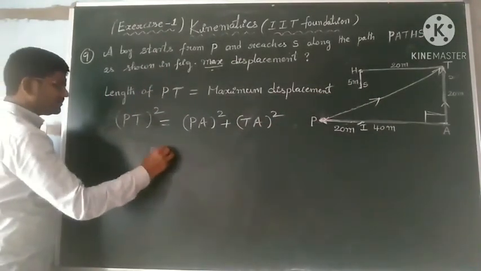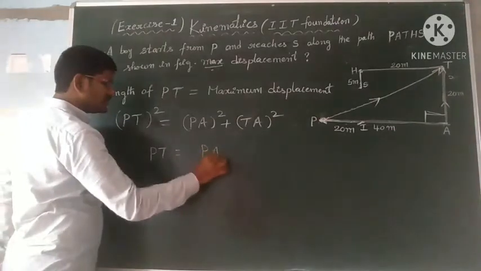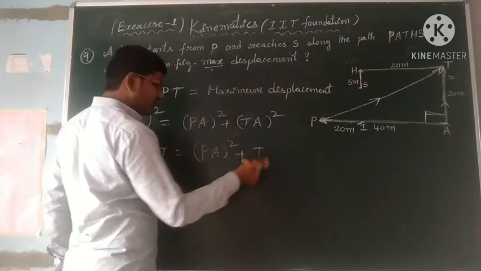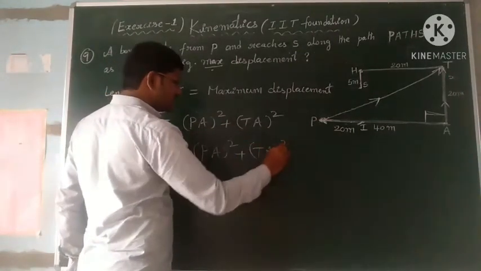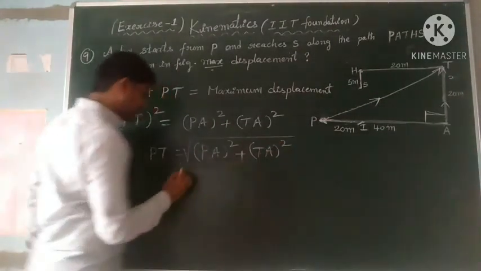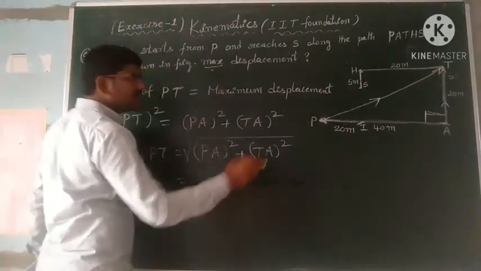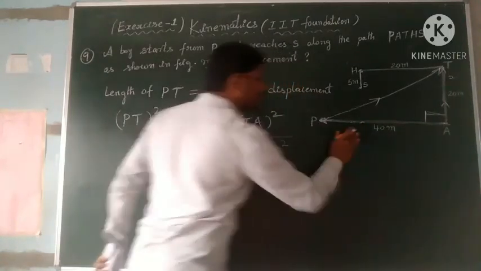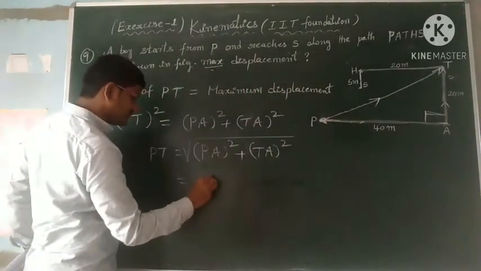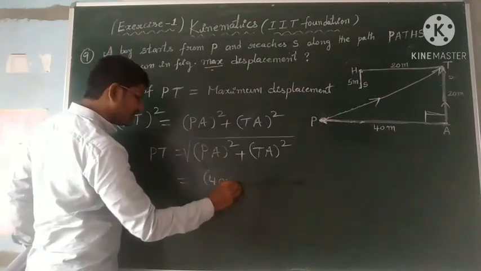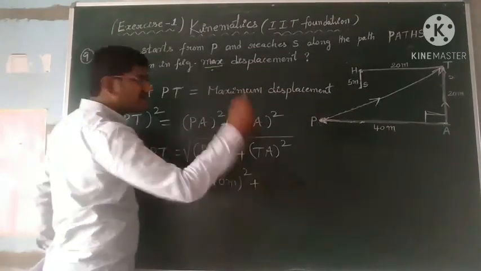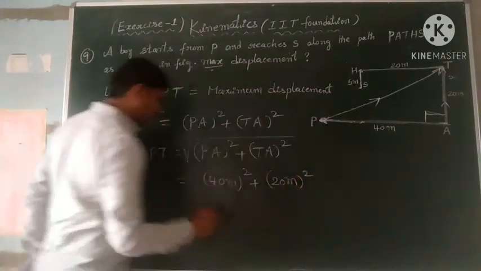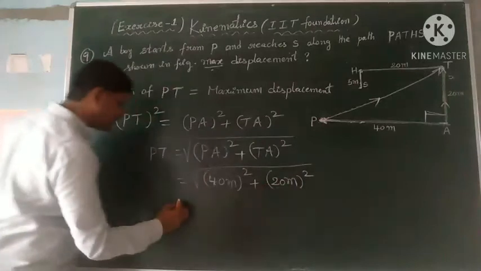Then PT is equal to root of PA whole square plus, what will you write, my dear students, TA whole square. Okay, PA length we know, 40 meters, so 40 meters whole square, and TA length is 20 meters, 20 meters whole square, under the root.